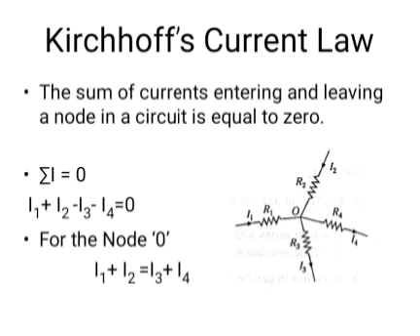That means I3 and I4 are going away from the junction, so we must take them as negative. So I1 plus I2 minus I3 minus I4 equals 0.